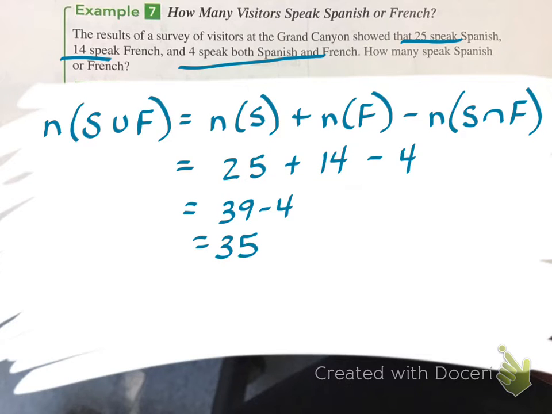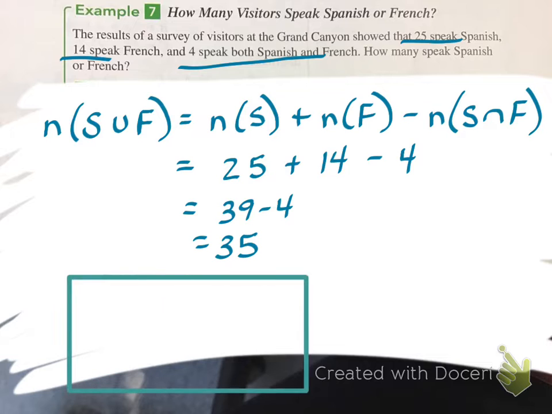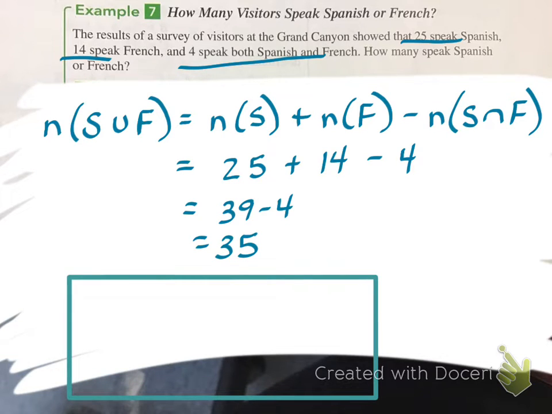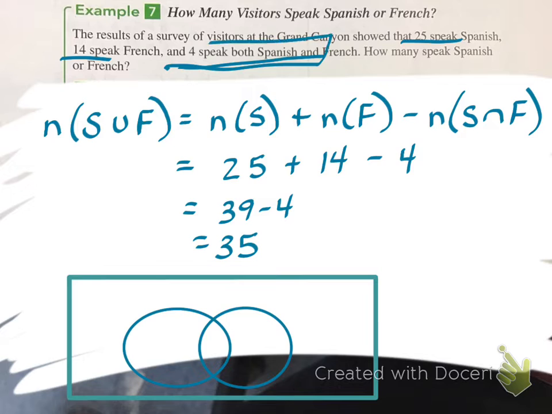I would just like to prove this with a Venn diagram real quickly. And when we do a Venn diagram for a set of data, we probably want to start with this both number. So the number that speaks Spanish and French, this is my Spanish circle, this is my French circle.